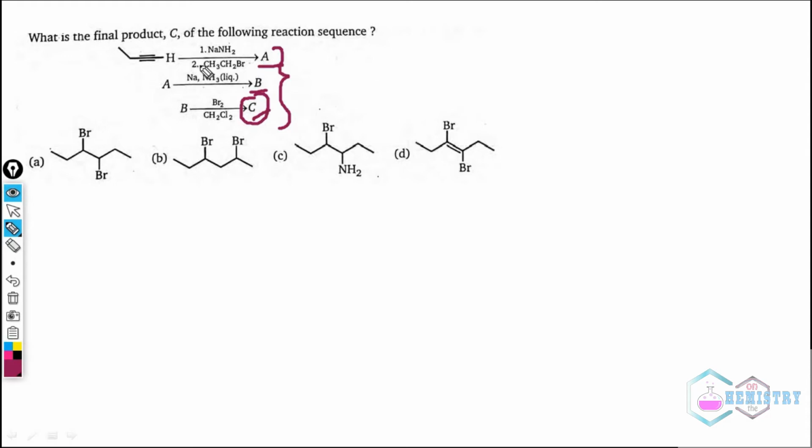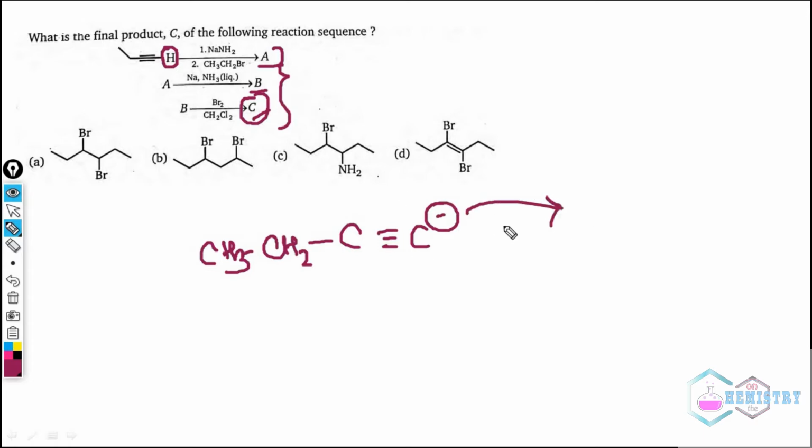We just need to know what kind of reagent is given and what this particular reagent does to the reactant. So NaNH2 obviously will abstract this hydrogen as we have previously discussed, and it will give an anion like this, and this anion will attack the CH2Br part of CH3CH2Br and replace the Br, forming a product like this.